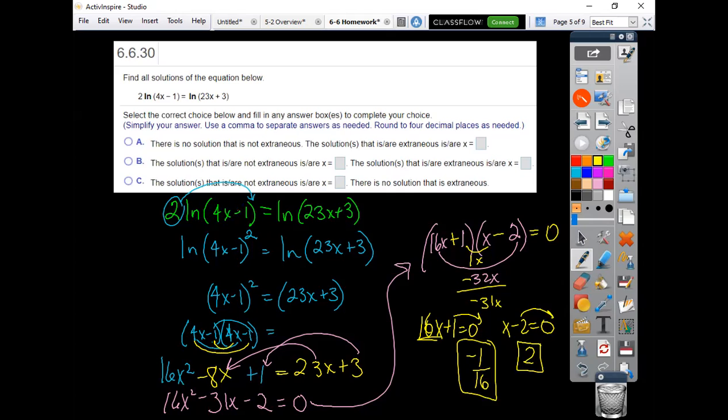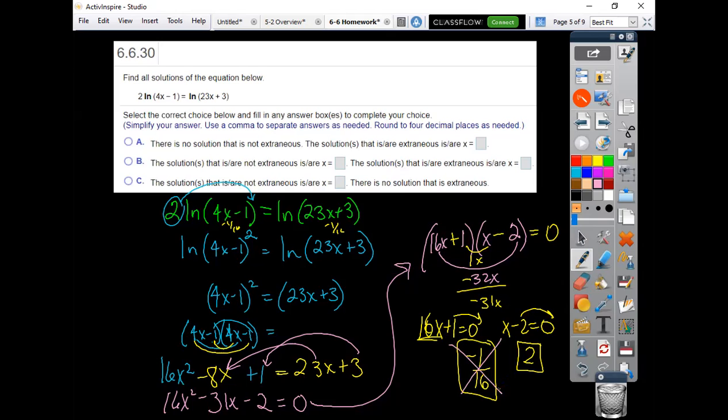So I'm going to check that. If I put the negative 1/16 in either of these places, if I get a negative, I can't do that. And I would have to right here, because 4 times a negative is a negative minus a number. So then this negative 1/16 is not a valid solution. So my only one is the 2.